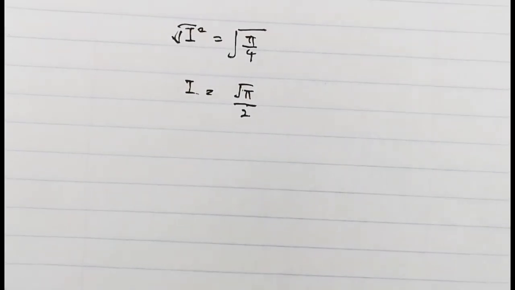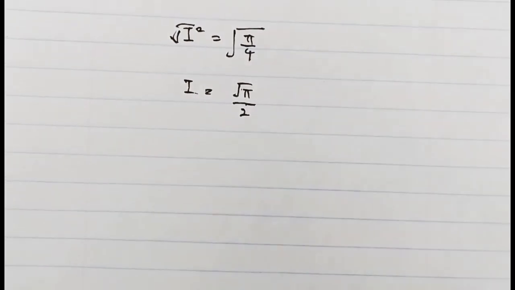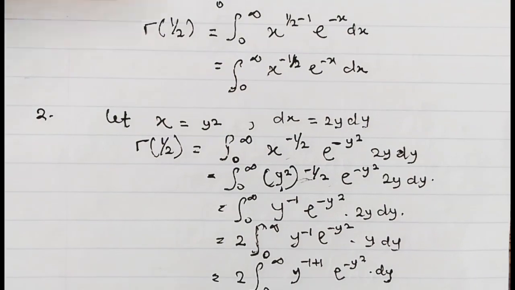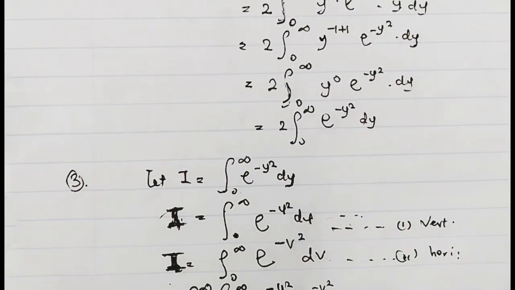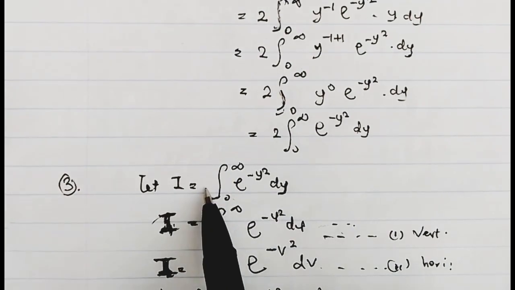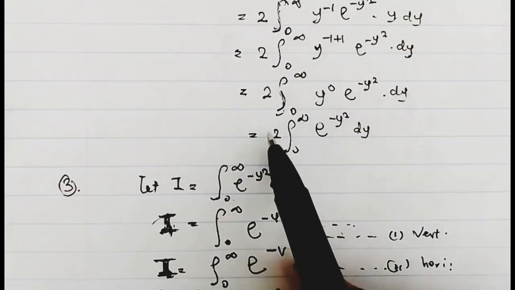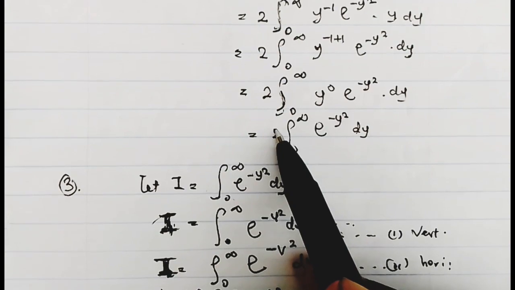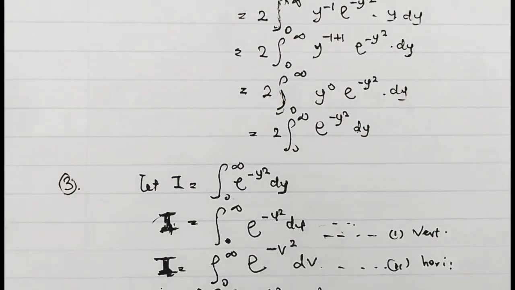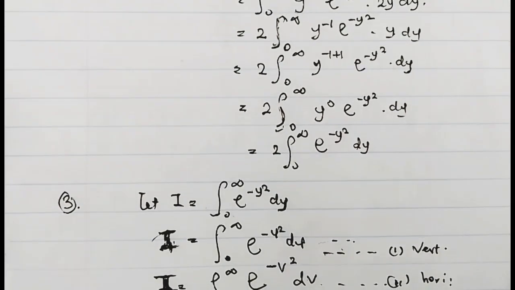Also do not forget that before we started splitting up our variable, before we said let I be equal to this, we had a 2 in front of this answer, so our final answer is affected by this 2. So now let's put it back.